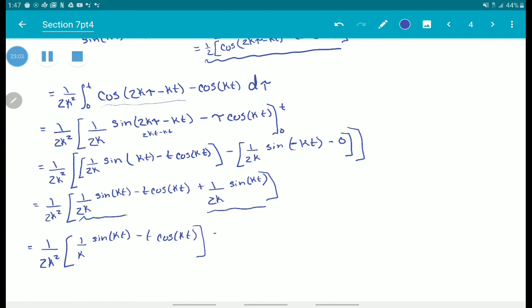And then I'm just going to get a common denominator. Clean it up. So we're going to have sine of kt minus kt cosine of kt all over k. So there's our final answer.